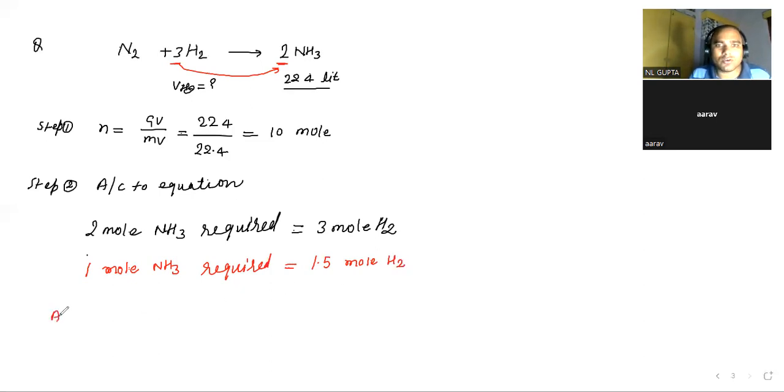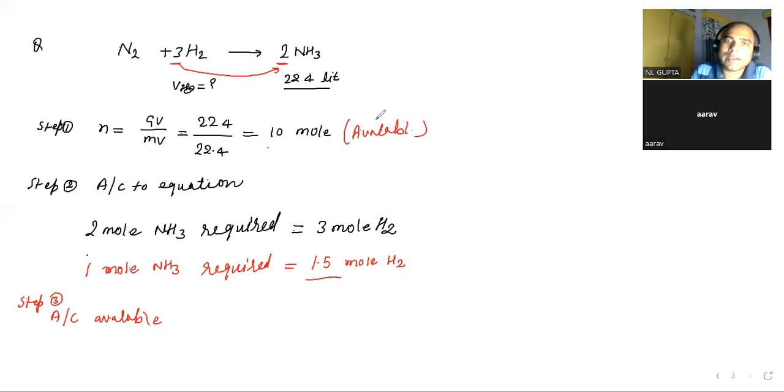Step number 3, according to available. If you are going for the available, what will be there? This is the available mole: 224 liters means 10 mole.